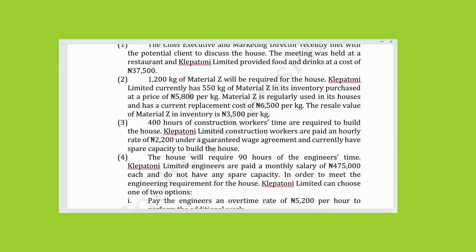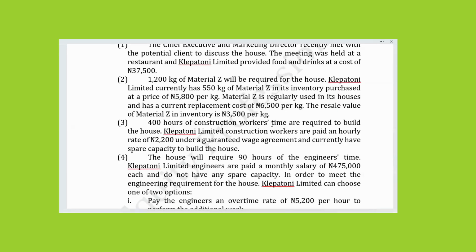It should be used if it can be ascertained that the material is in frequent use and will be replaced. The examiner has already told you that material Z is regularly used in the houses and has a current replacement cost of 6,500 naira. So anytime you are given current purchase price or replacement cost, that is the price that you are going to use.